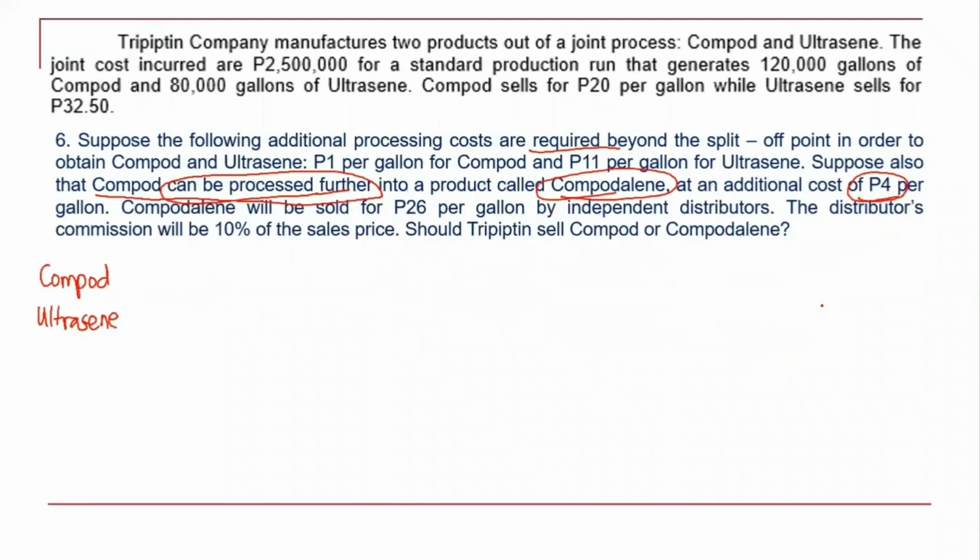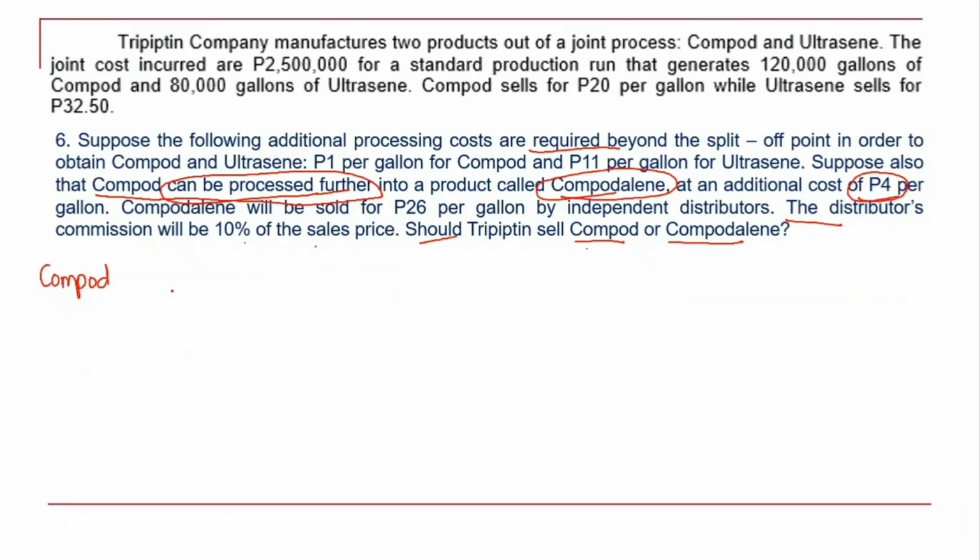Now, ang tanong dito, sabi rito, may sinabi pa, the distributor's commission will be 10% of the sales price. Ang tanong, should 315 sell Compod or Compodalin? So wag na natin isama si Ultrasin. Okay?